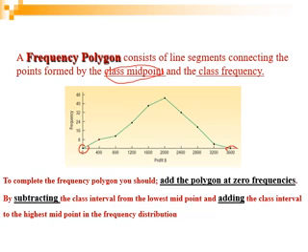Here the class interval equals 400, so the lowest midpoint minus the class interval, which is 400, equals 0. Then the first point will be 0 and 0.